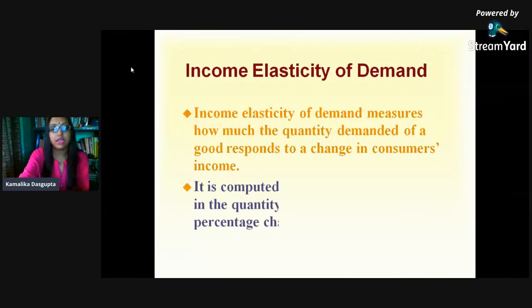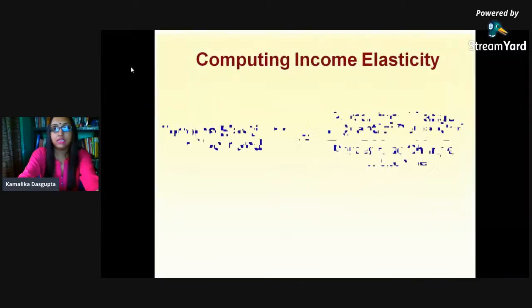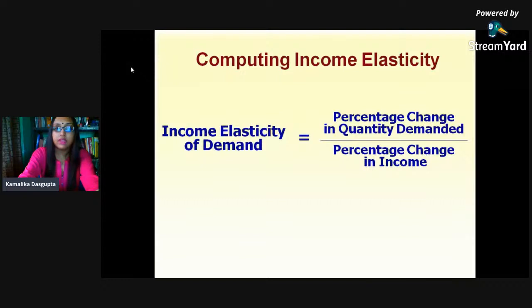The formula remains the same, just replace price with income. It is computed as the percentage change in the quantity demanded divided by the percentage change in income. So let's see how we compute it. Income elasticity of demand is equal to percentage change in quantity demanded divided by percentage change in income.